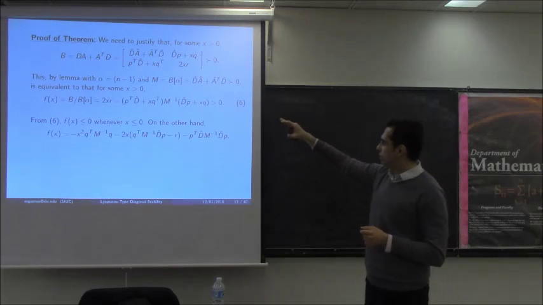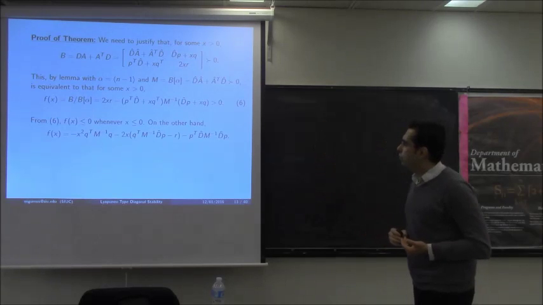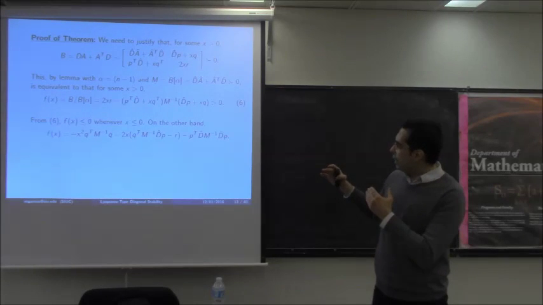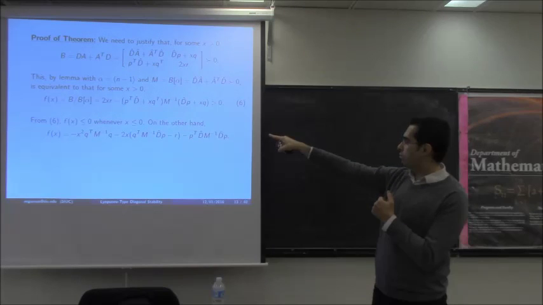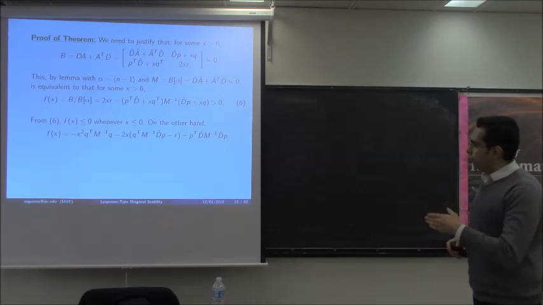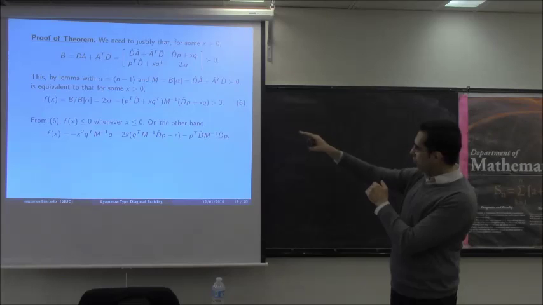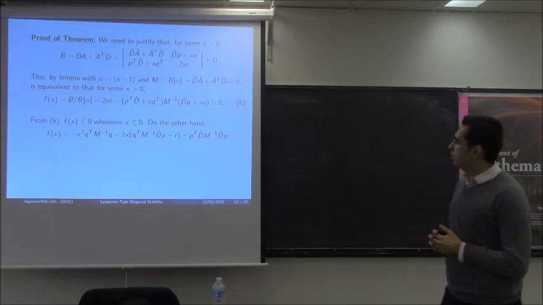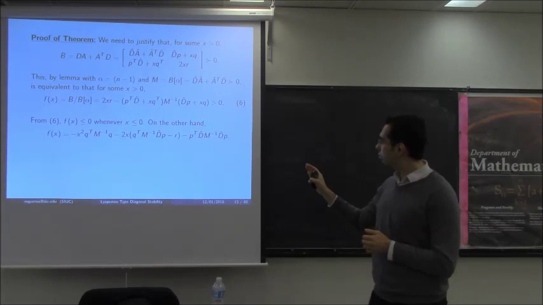So it is always non-negative. We know that R is positive from the assumption. Now, whenever x is smaller than 0, f(x) is smaller than or equal to 0. So this is the first observation. On the other hand, if we expand the second term in f(x), we get a quadratic expression.